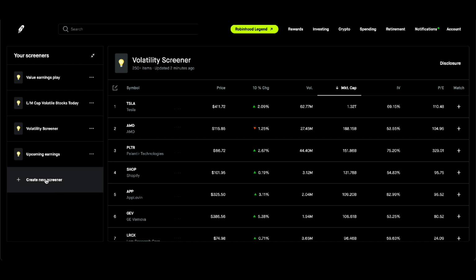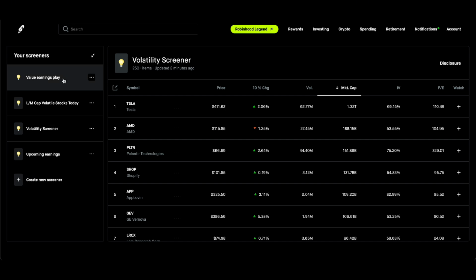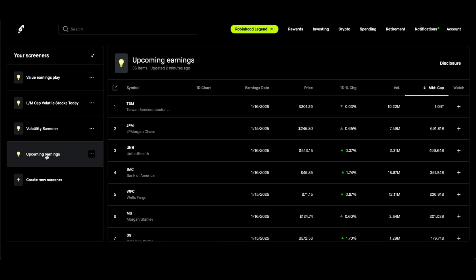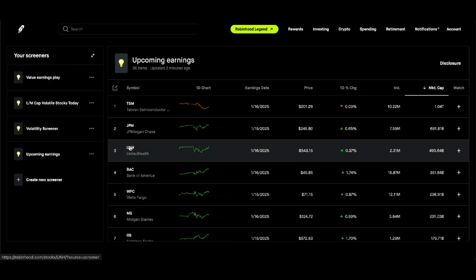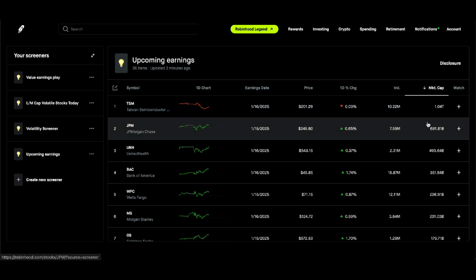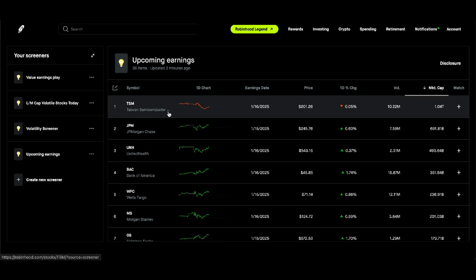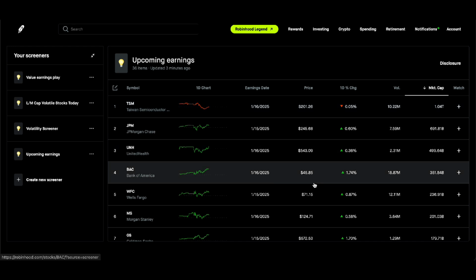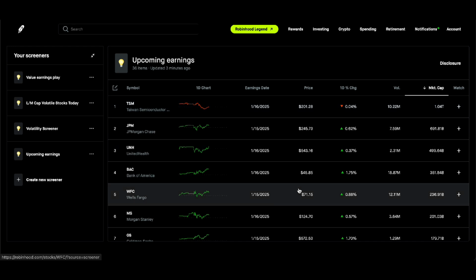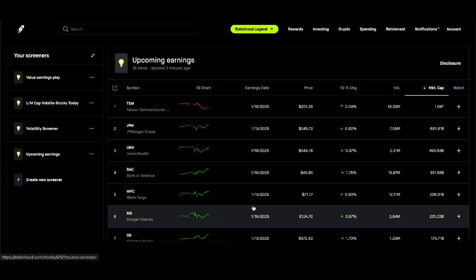You can create as many as you want. When you click here, you can create a new screener, and I have one set up for earnings calls, so I know when there is an earnings call for any company. Again, I'm sorting with respect to market cap, and you'll be able to play earnings if you are bullish or bearish on any company.